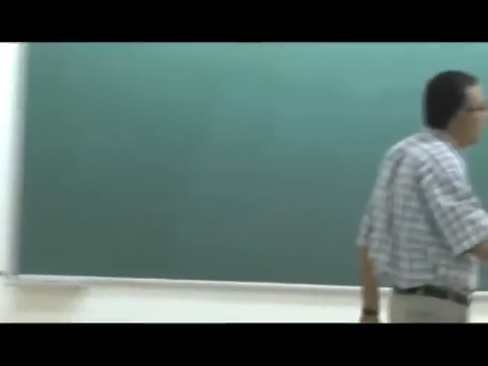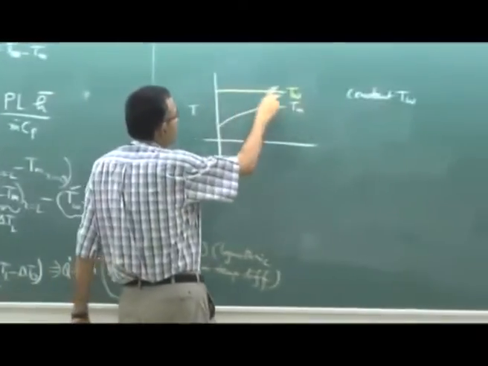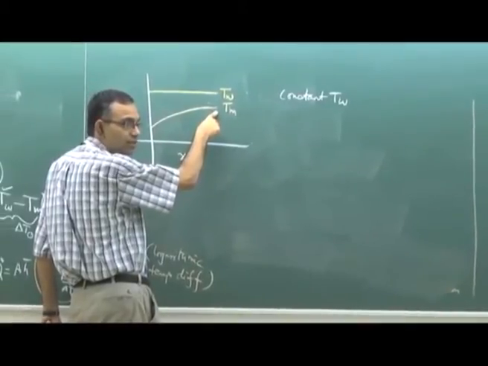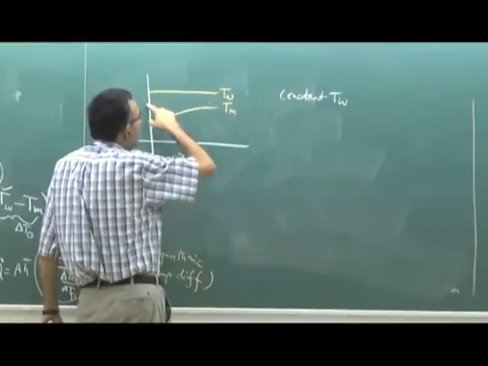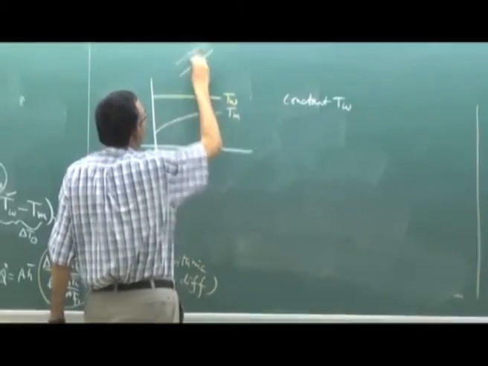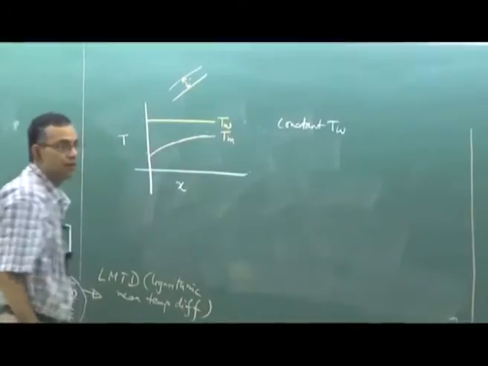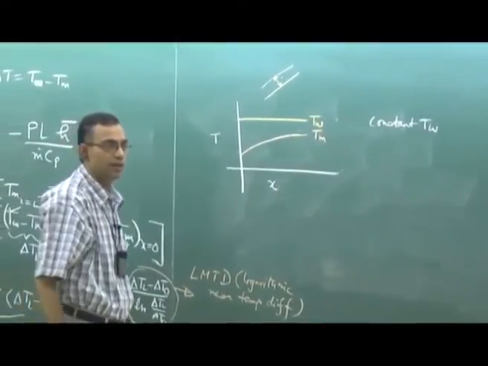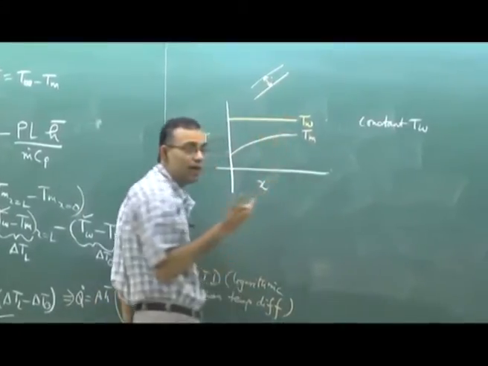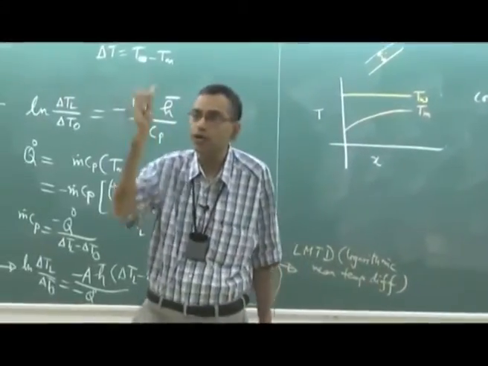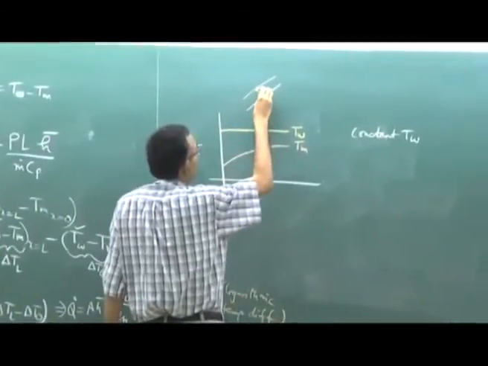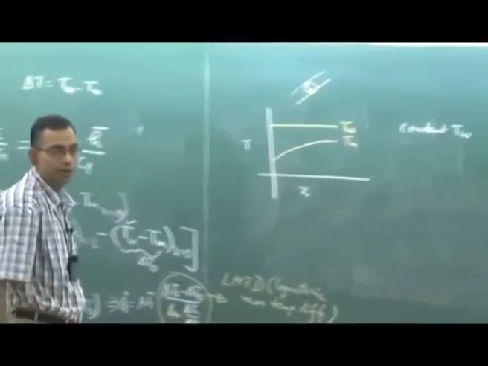Let us say that T wall is a constant and Tm is a constant, or the difference is a constant, then what would it be? The logarithmic mean temperature difference physically represents the equivalent temperature difference. So if this difference is a constant, this constant value itself is the logarithmic mean temperature difference.